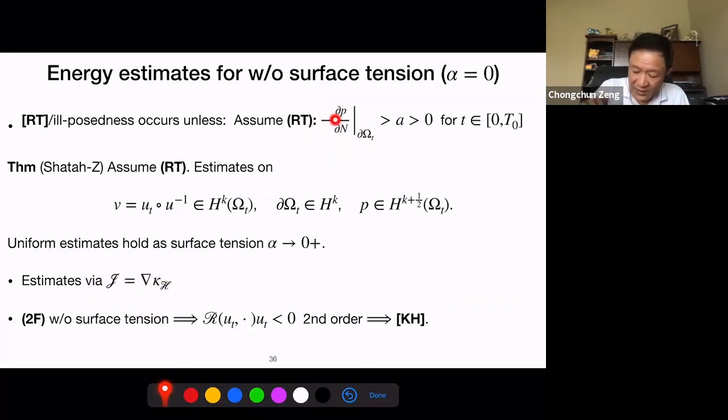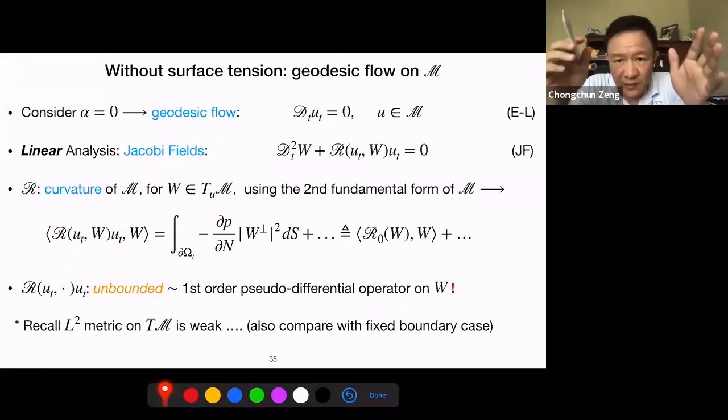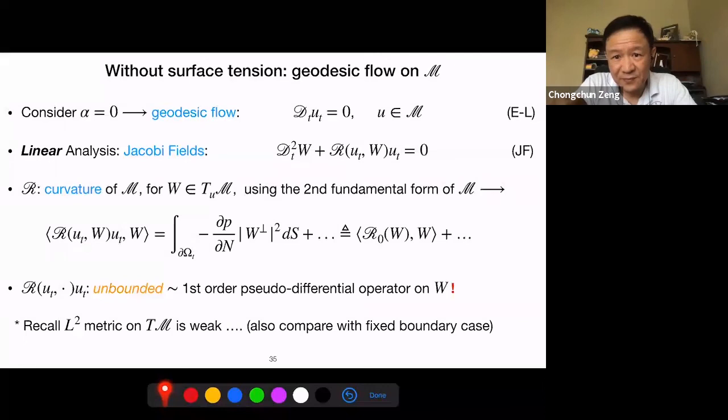By the way, this sign is related to the following fact. When this is positive, the curvature is positive in these directions. When this is negative, the curvature is negative. We know that on a positive curvature manifold, geodesics tend to not separate too quickly, so there is certain stability associated with that.